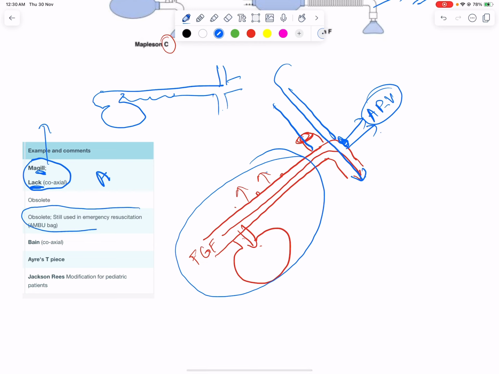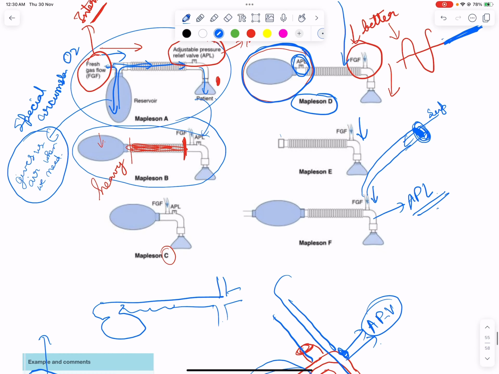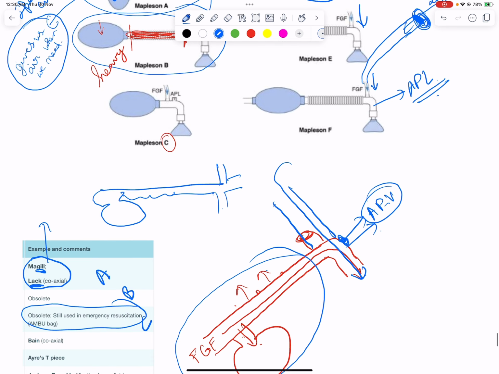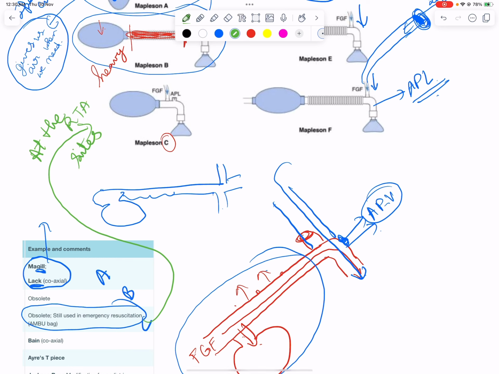Now type C. Type C is obsolete. It is not being used now, but it is being used in emergency situations. For example, at the site of injury, at road traffic accident sites, there already are some heavy things associated with it, so we want something that is light.